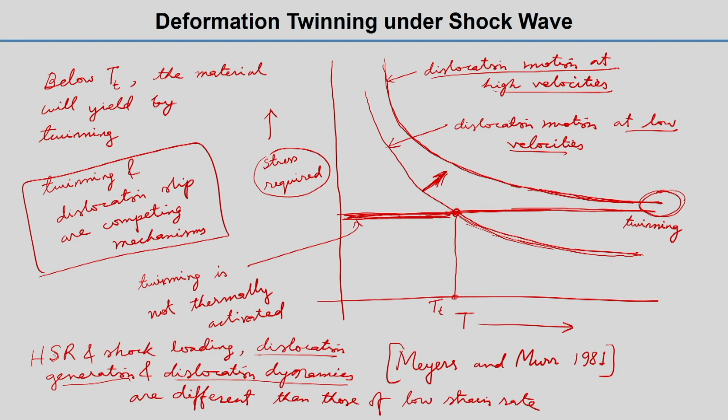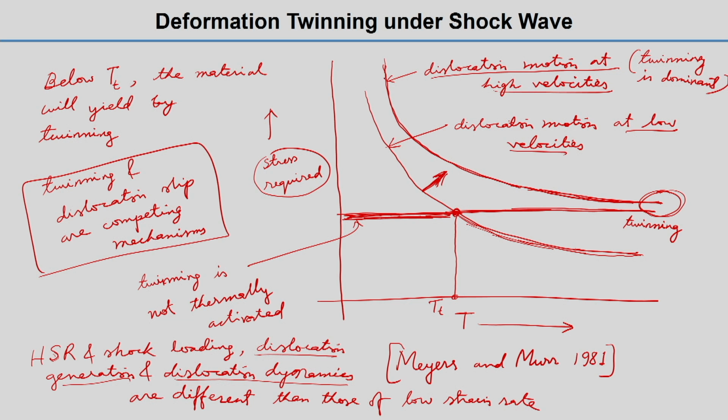So that means the twinning is dominant. So that means for high strain rate twinning is dominant. Why is twinning dominant?